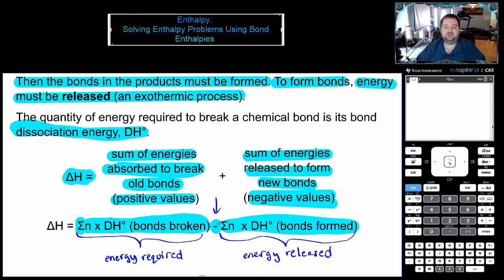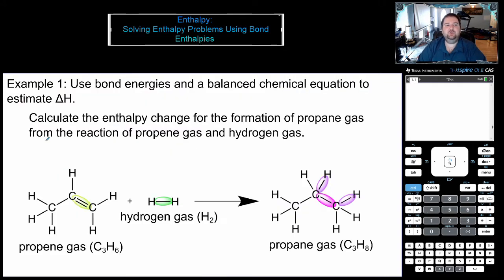Okay, let's go ahead and actually try one of these problems so you can see how it works. So in example 1 here, we're using bond energies and a balanced chemical equation to estimate delta H. And we're going to do that for this word problem.